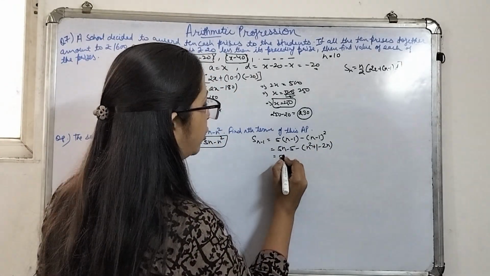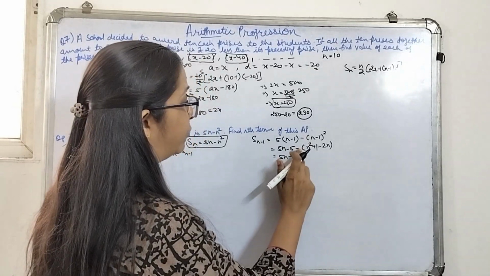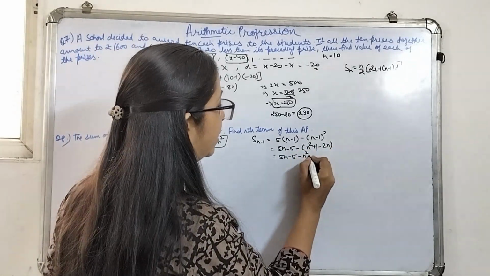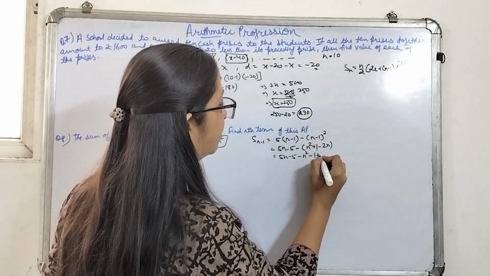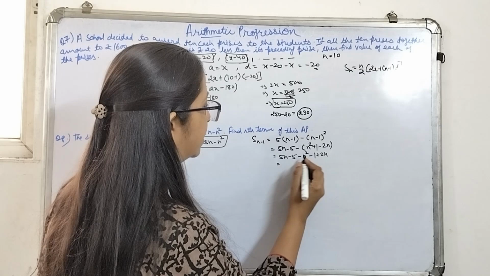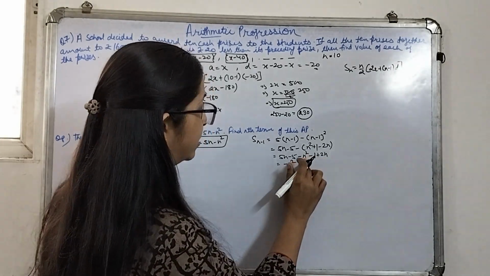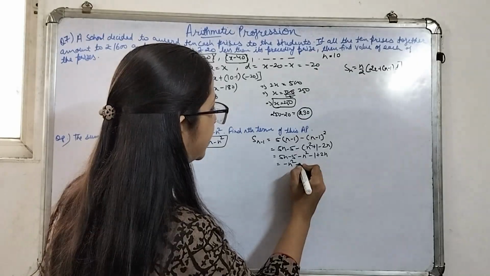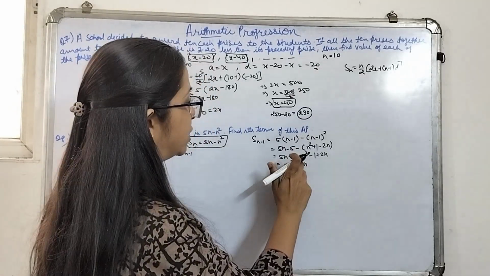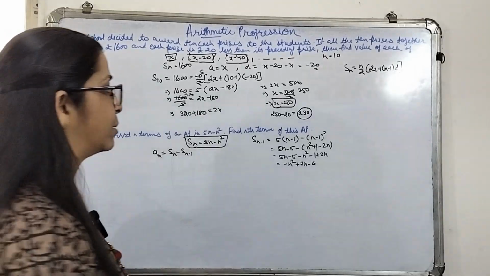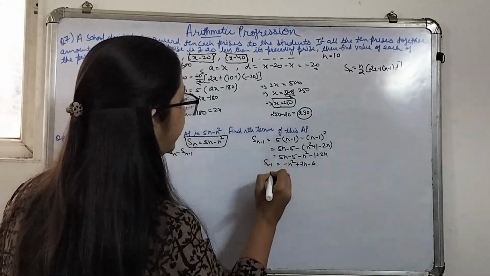Now further, 5n minus 5, minus will be multiplied by all of them. So it will become minus of n square minus of 1 and plus of 2n. Now it can be written as minus of n square, 5n plus 2n will be 7n, minus 5 minus 1 will be minus of 6. So this is the sum of your n minus 1 terms.